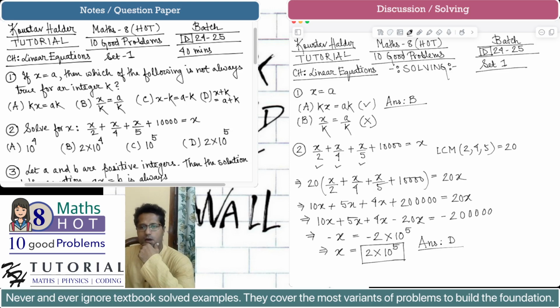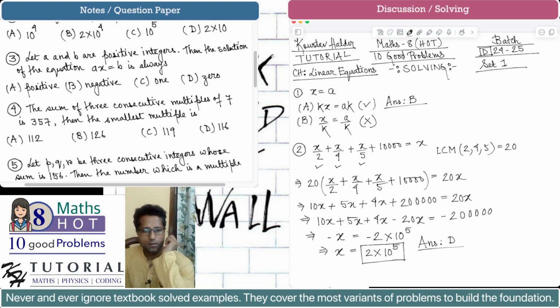Since all the variable terms, that is x terms or whatever letter it is, will be in the linear form, you just gather all the variable terms to the left hand side and gather all the constant terms to the right hand side, and then you simplify the right hand side. So simplifying the right hand side, possibly you will have to do some addition and subtraction of rational numbers. Okay.